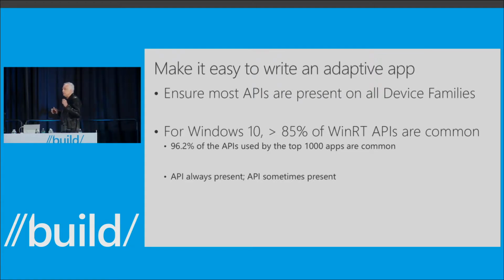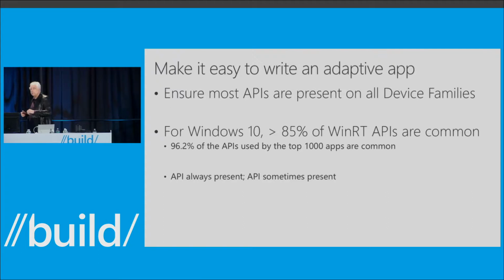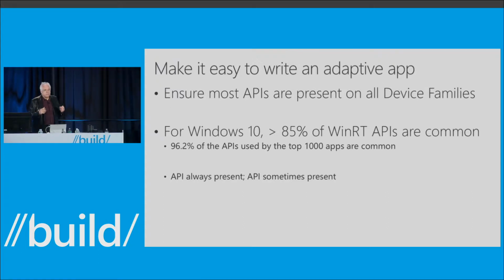So this is the difference I wanted to make between API is present and fully functional, and API is present and partially functional. It's really partially functional, but only in the sense that it's going to return some kind of status to say, sorry, there aren't any of those. And you'll deal with that naturally. Then there's the other class of API where the API is either present in the OS or it's not there at all.